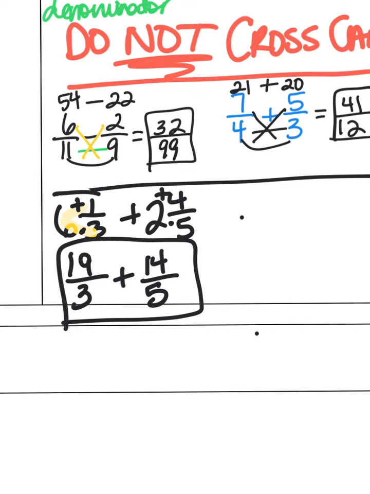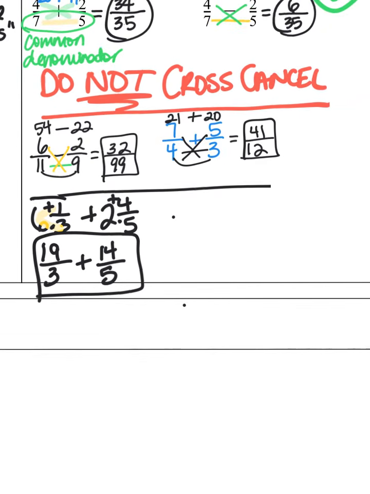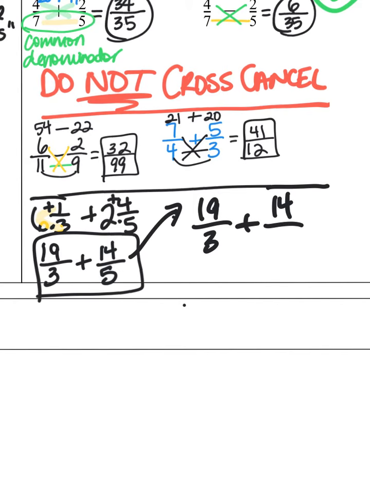Addition, it's not usually an issue, but subtraction, it gets to be an issue because then you have to borrow, and who wants to do borrowing, and this way you just don't have to deal with it. So I'm going to take this problem now and move it over here. Okay. So we have 19/3 plus 14/5. And I'm going to do exactly the same thing that we did in the problems before. So we're going to multiply across the bottom and then on the diagonals.